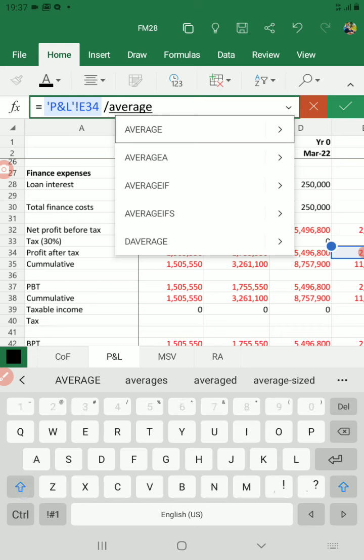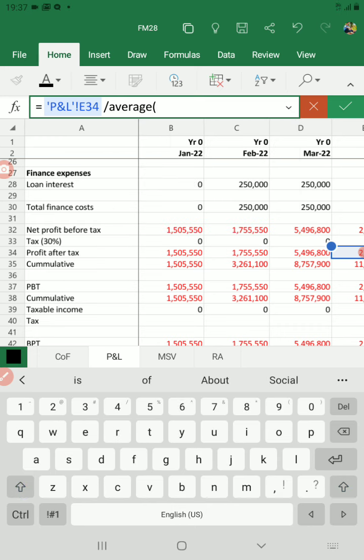and then open the bracket, and then go to monthly balance sheet.